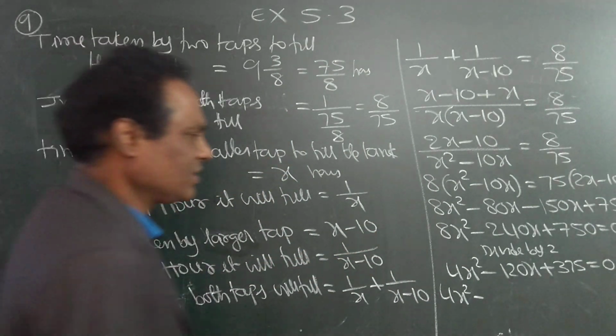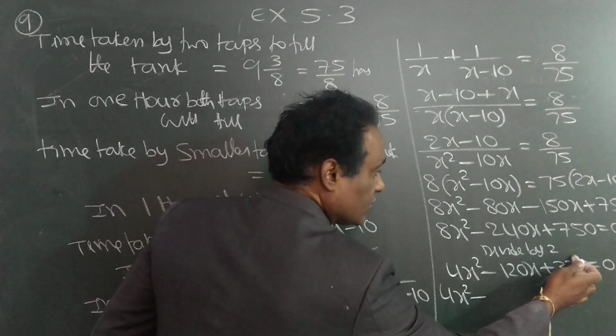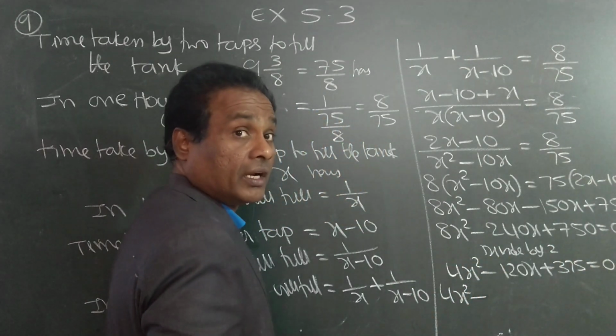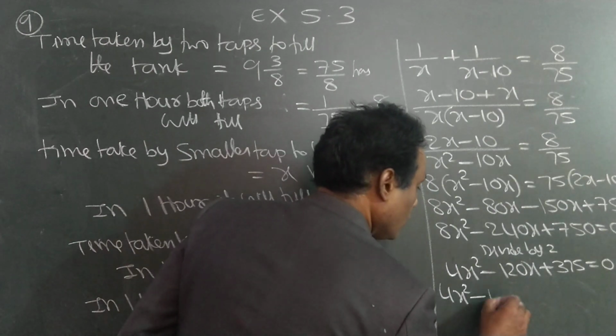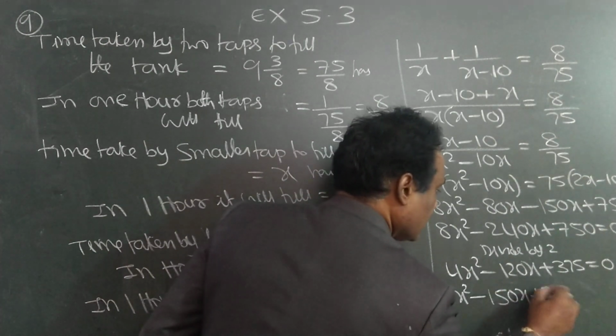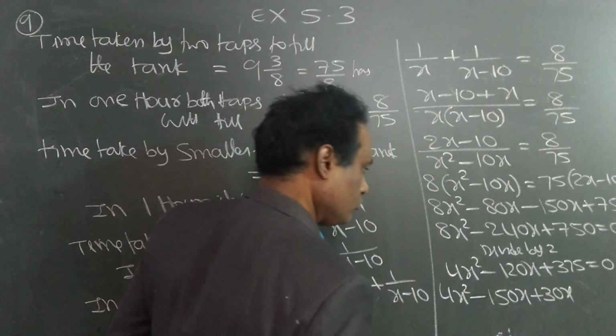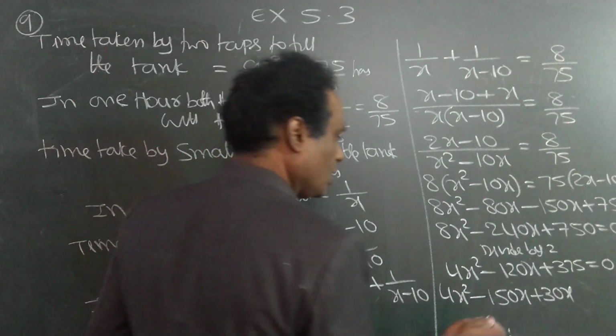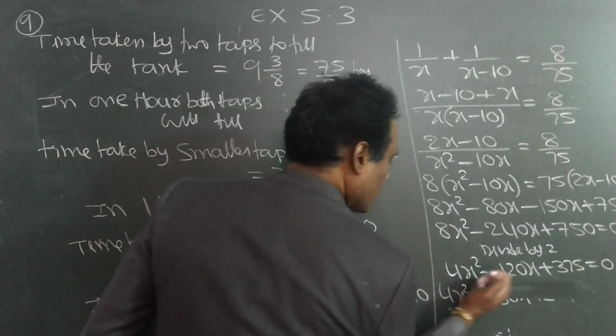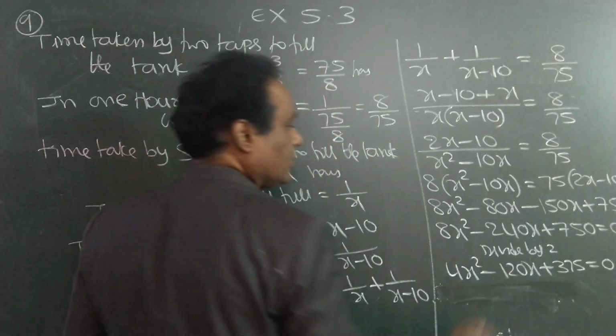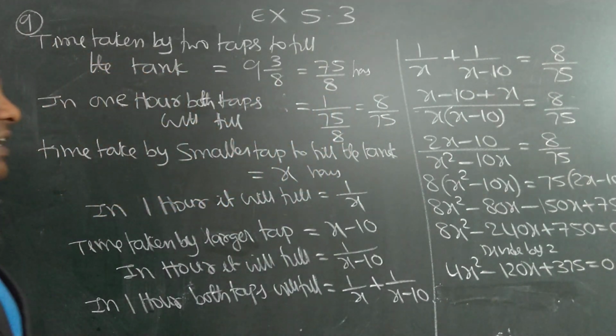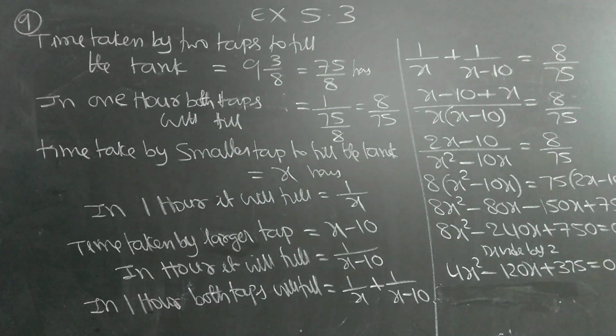So 375 into 4 is 1500. 1500 means if we add, we have to get 120. 150, 30.